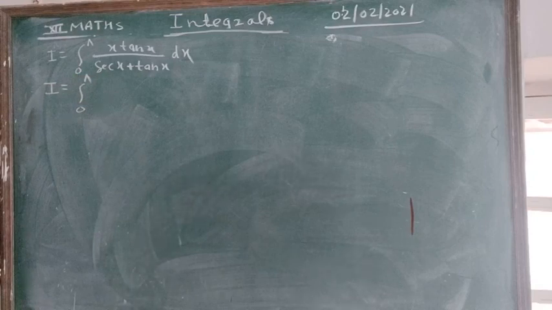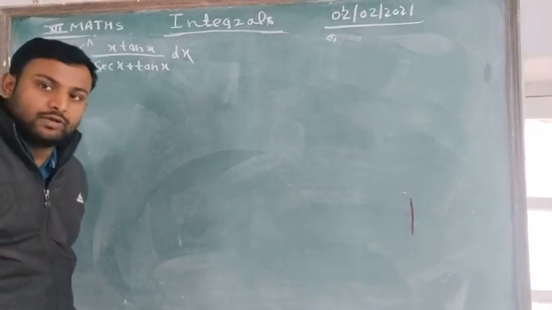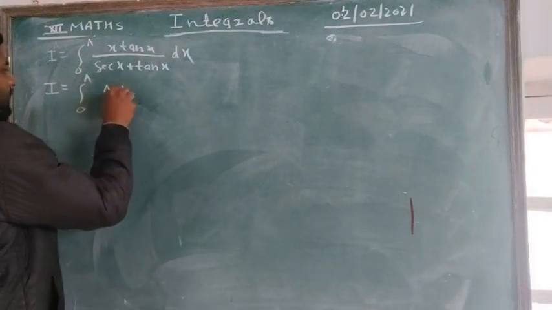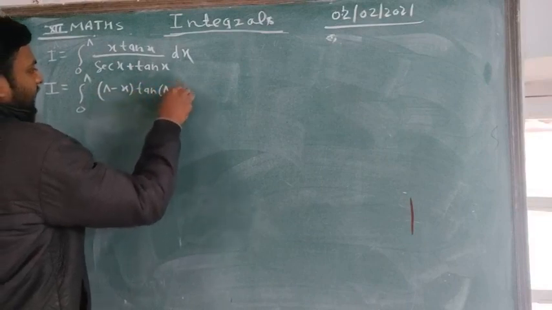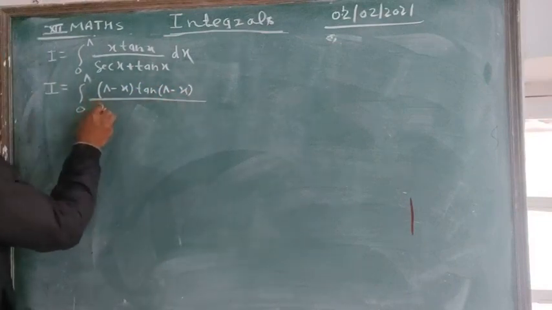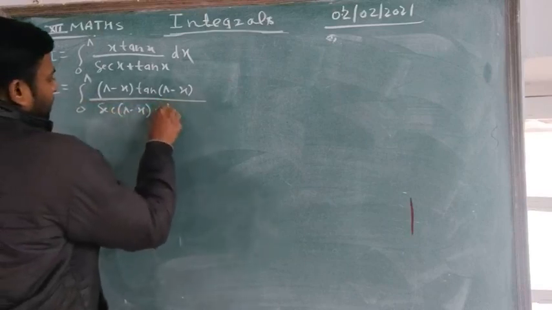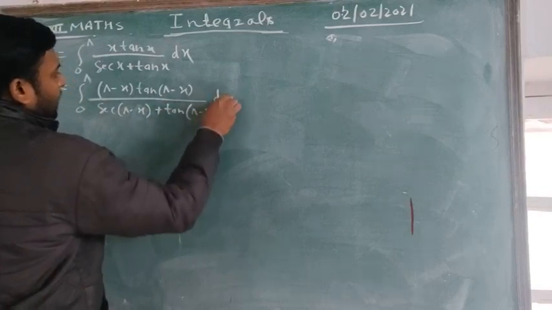Students, we are seeing that here we can apply again the property which is integral 0 to a of f(x) dx equals 0 to a of f(a minus x) dx. So we can write, students, pi minus x tan (pi minus x) divided by sec (pi minus x) plus tan (pi minus x) dx.